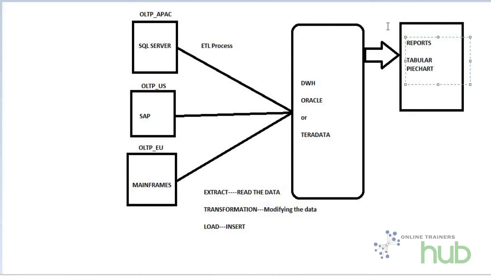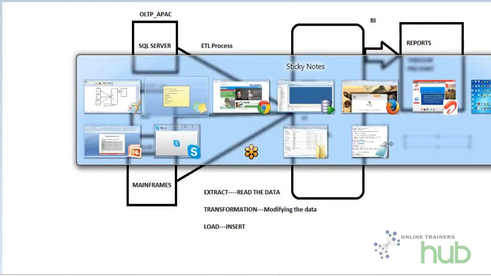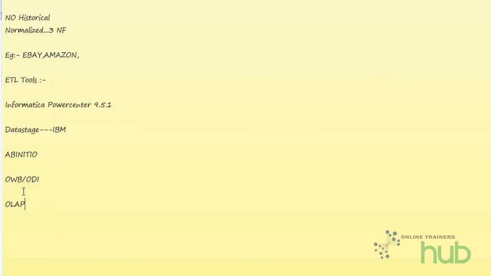And we have so many reporting tools available, and all the reporting tools are also called OLAP tools. So we have different BI tools or OLAP tools, and among them we have OBIEE, Oracle Business Intelligence Enterprise Edition.